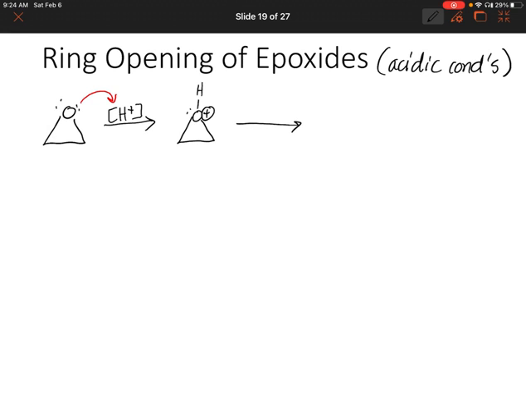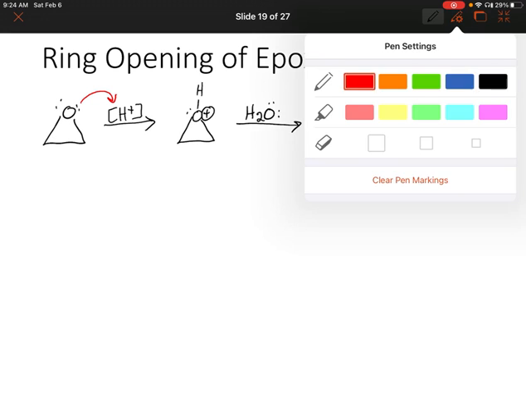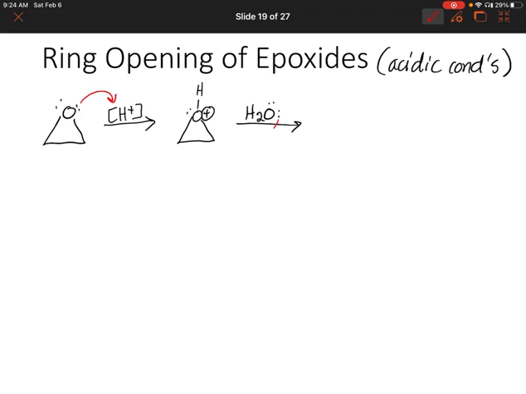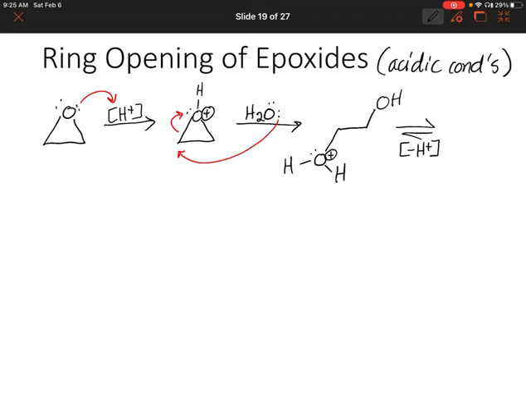And then in the next step, we'll add our nucleophile, which this time will be a weak nucleophile, such as water. And then we'll end up with our alcohol opposite the nucleophile. And in this case, we have to deprotonate, and we get our product.